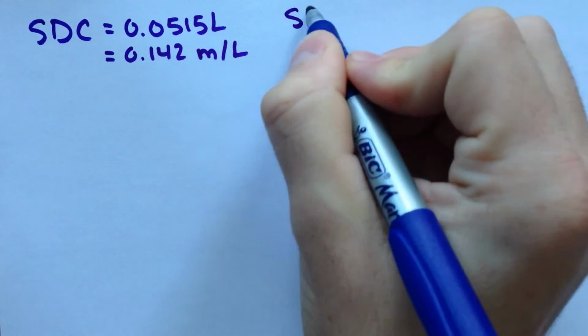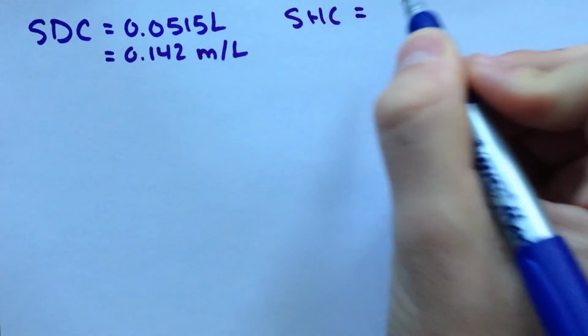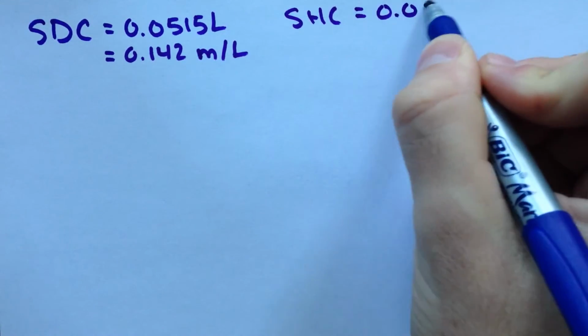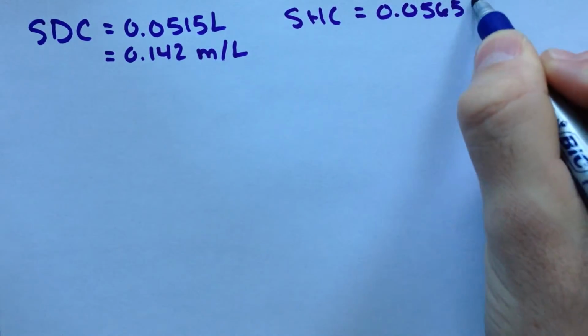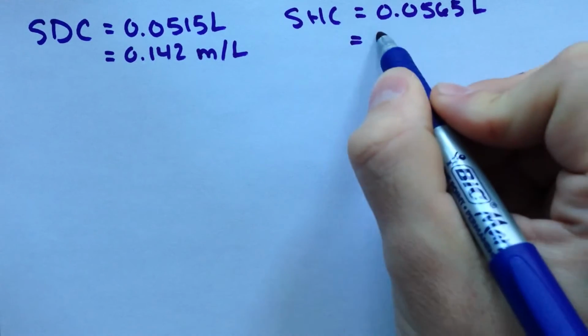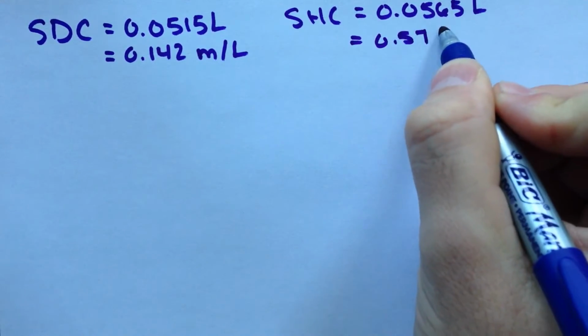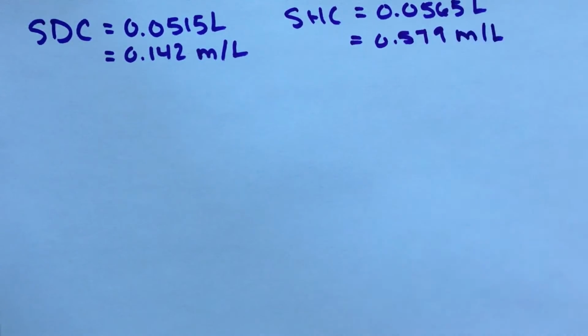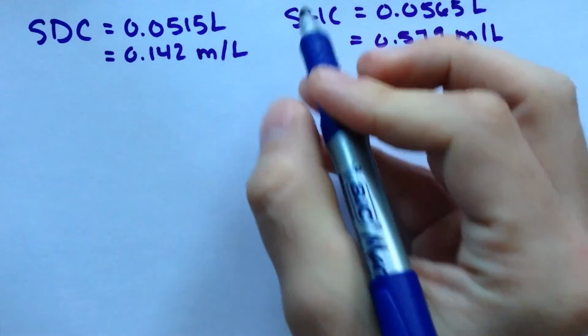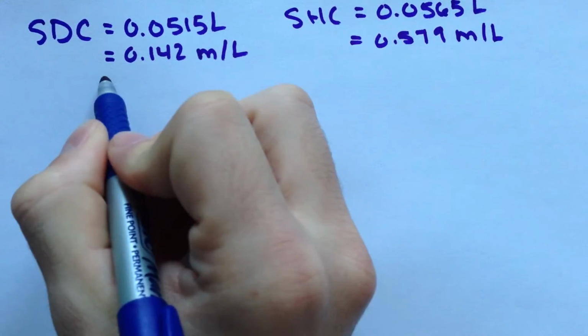We're going to have our sodium hydrogen citrate, which is going to have a total volume of 0.0565 liters and a molarity of 0.579 moles per liter. We have a pKa value, and that's associated with dihydrogen.